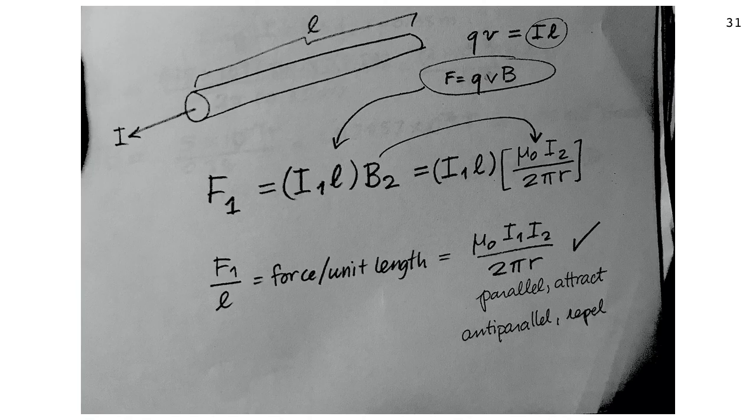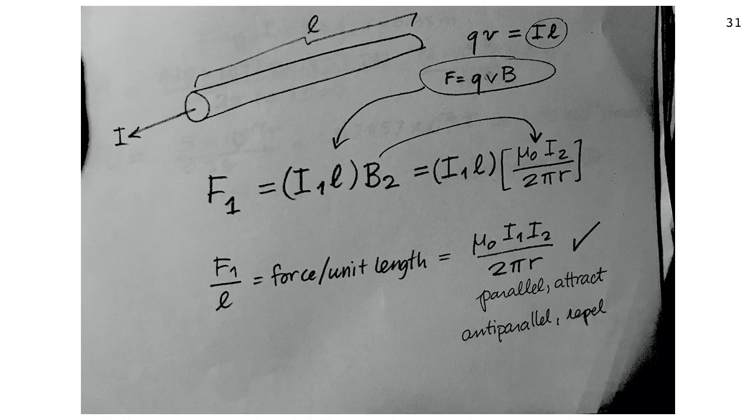Now if they're not parallel, you've got to do a bunch of trig. It's kind of nasty. But for parallel currents, now these are parallel. So this is for parallel: they attract. Anti-parallel currents, they repel.